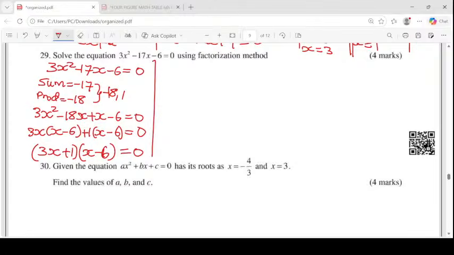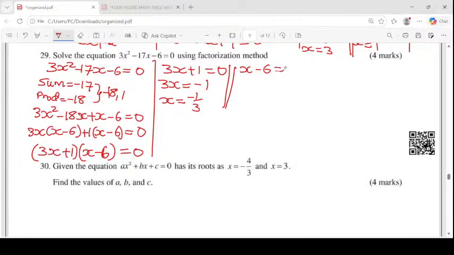Then here we are going to have 3x plus 1 is equal to 0, meaning that 3x will be equivalent to negative 1, meaning our x will be equivalent to negative a third. Or, in the next case, x minus 6 is equal to 0. That will mean our x will be equal to positive 6.